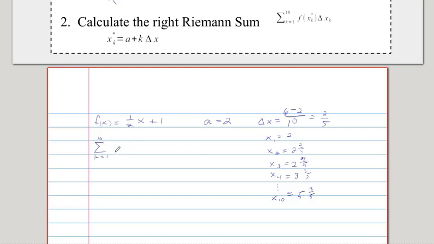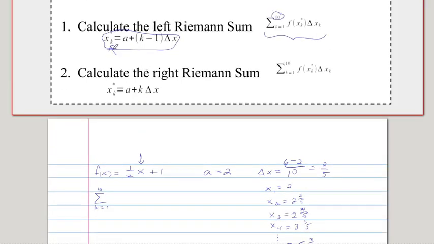Okay, so what I'm plugging into my function, into x, is the x value that I'm calculating here. So that means my function will be 1/2 times 2, which is my a, plus k minus 1 times delta x, which is 2/5.